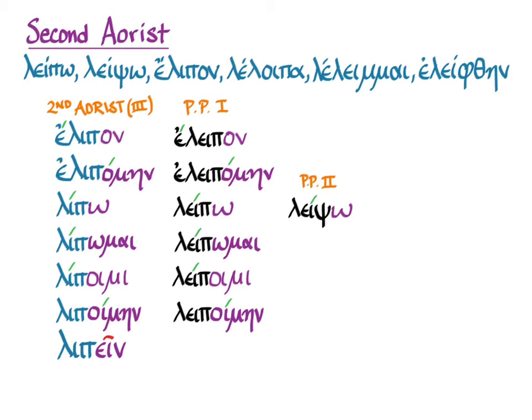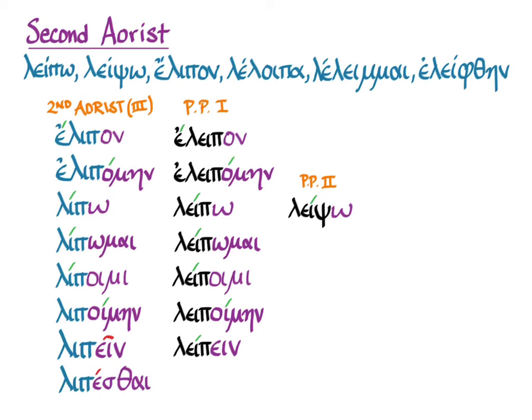Lipein is the aorist active infinitive, to leave, whereas lepein is the present active infinitive, to leave or to be leaving. Here with the infinitive, you not only have the principal part to tell you the difference, but you also have the different accents. So that helps a bit.